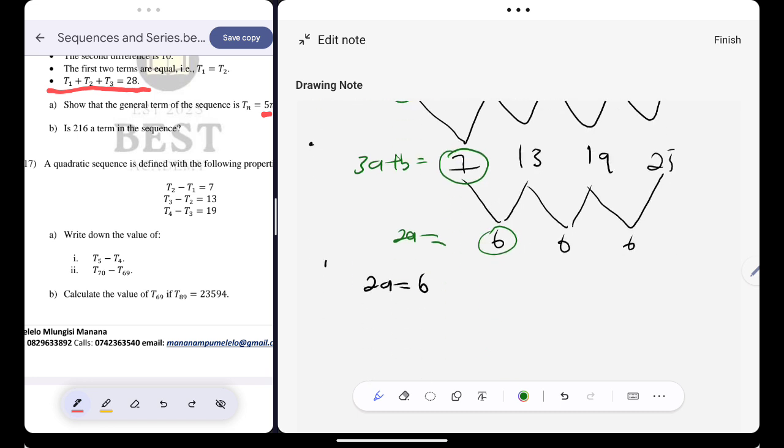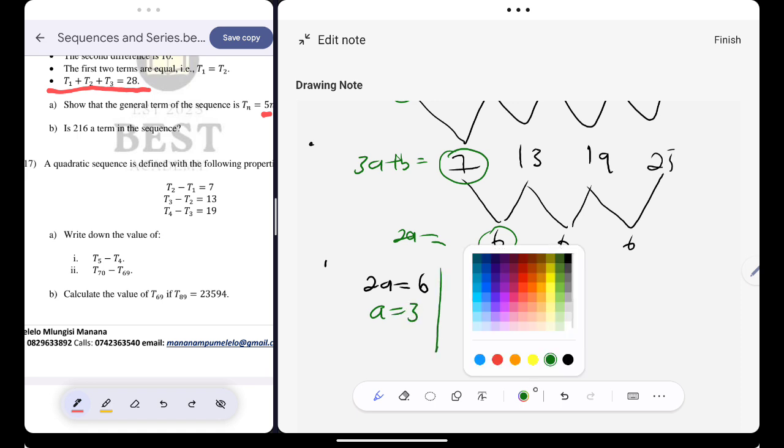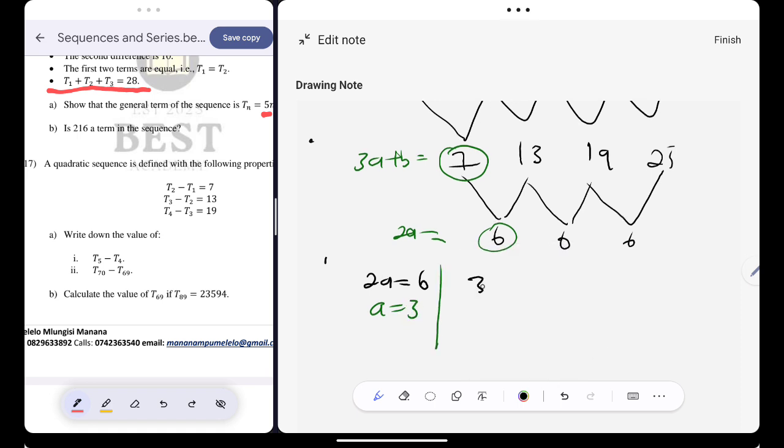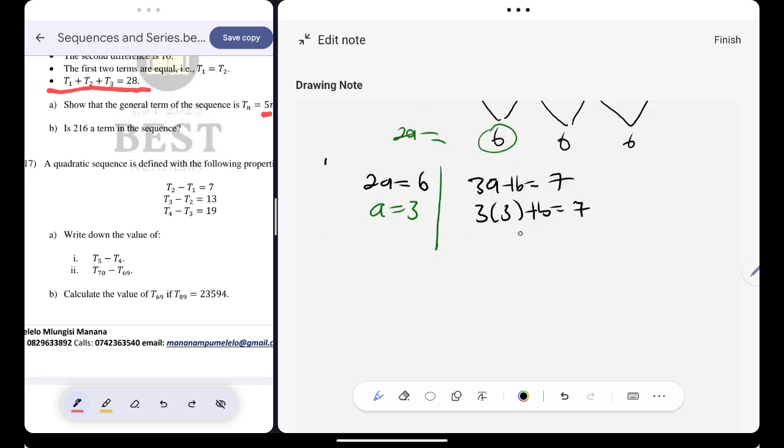So here it simply means that a is equal to 3. I know that 3a plus b is equal to 7, which simply means that b is equal to negative 2, because we'll have 7 minus 9.